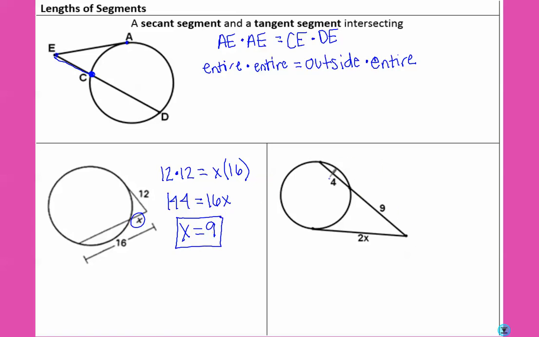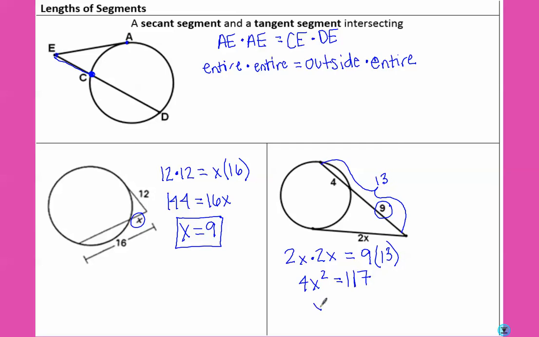This one didn't give us the entire for the secant line, so let's calculate that real quick. The whole thing would be 13. So we're going to have 2x times 2x, entire times entire, equals outside, which is 9, times the entire, which is 13. 2x times 2x will give us 4x squared equals 117.